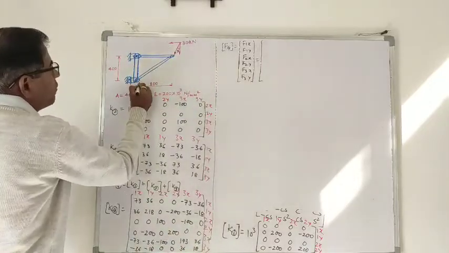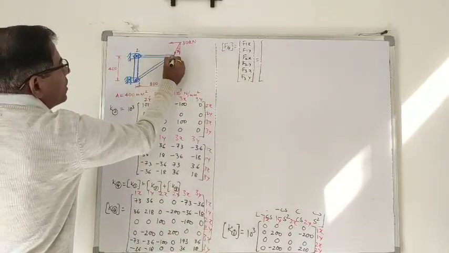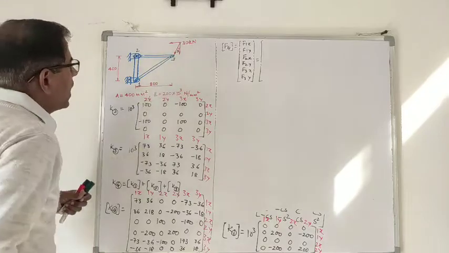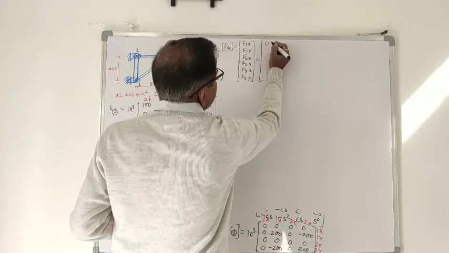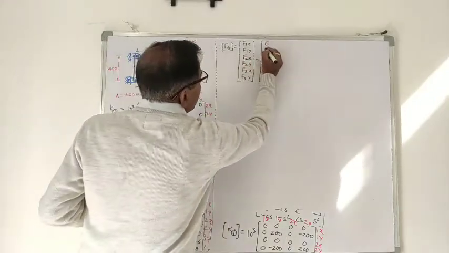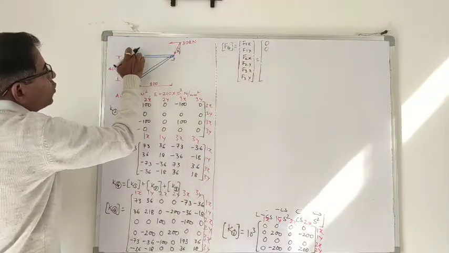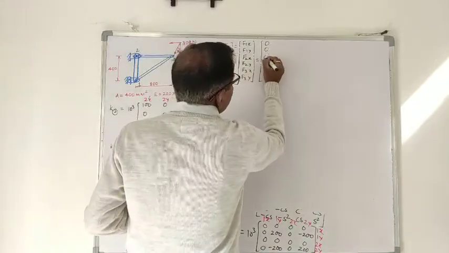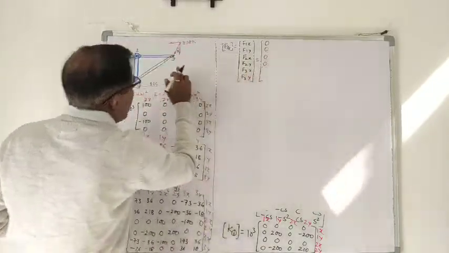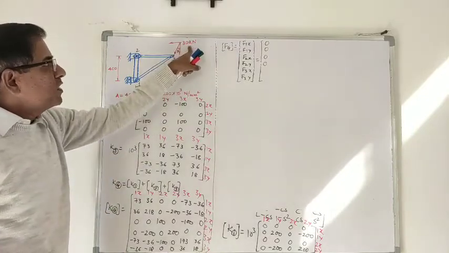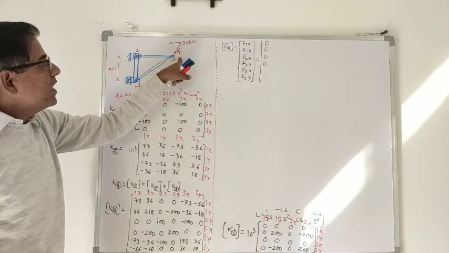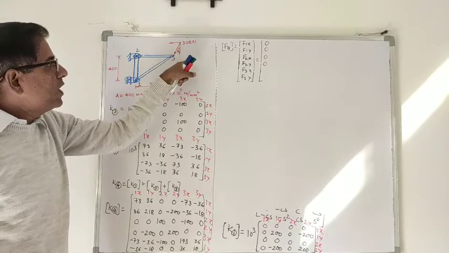This is our node number 1, node number 2, and node number 3. At node number 1 there is no external force, so it will be 0 0. At node number 2 also there is no external force, so it will be 0 0. At node number 3 there is one force of 30 kilonewton which is inclined at 30 degrees to the vertical line.